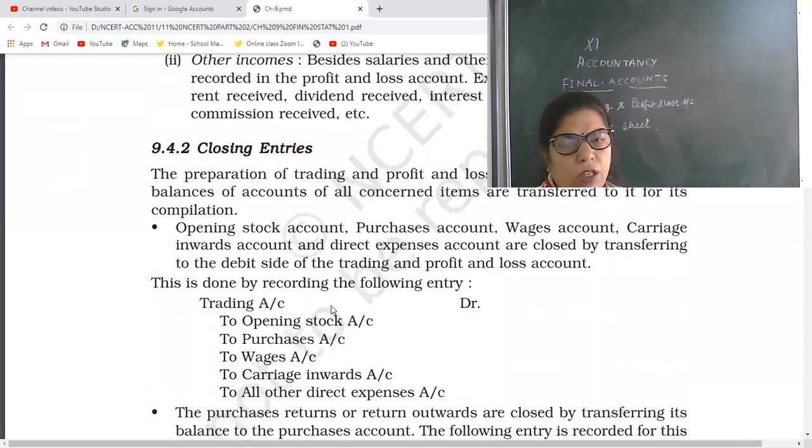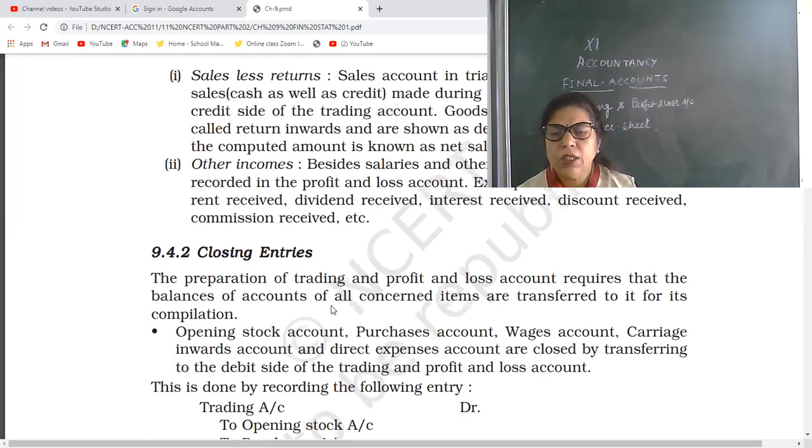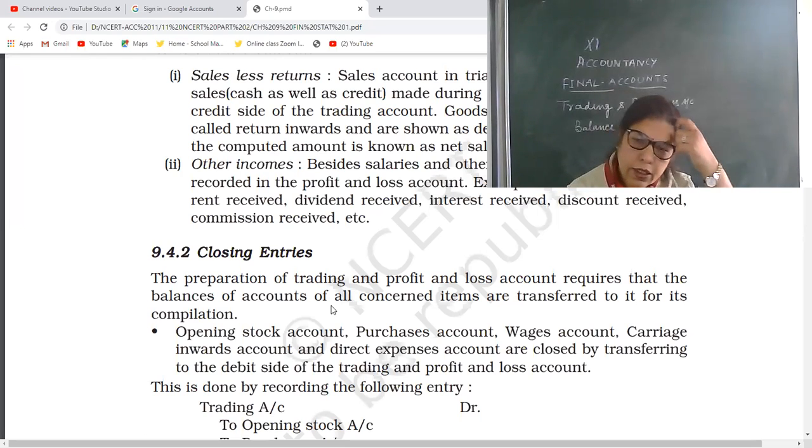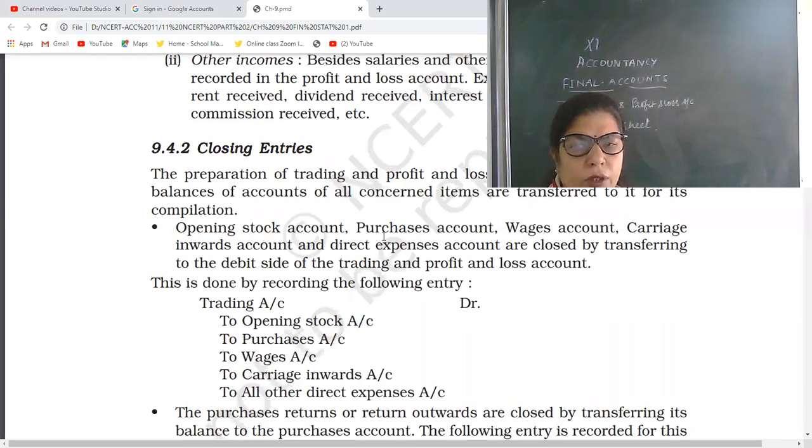Now the closing entry, one by one, you should note down. All the items of the debit side of the trading account are to be transferred. Opening stock, purchase account, wages account, carriage inward account and direct expenses account are closed by transferring to the debit side of the trading account. See, note down. Give the heading closing entries.